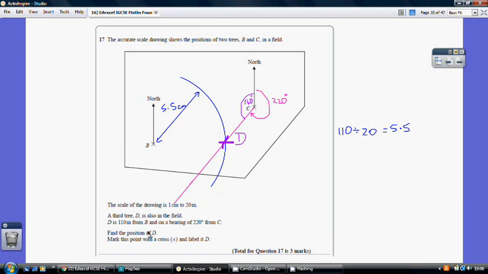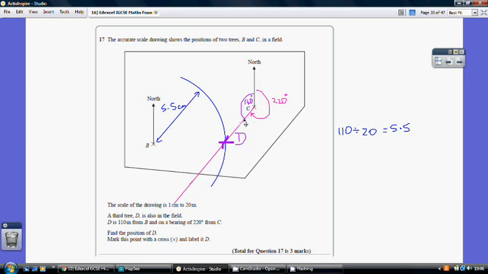Now the other thing we know about the tree, it's on a bearing of 220 degrees from C. Now a bearing is the angle measured from north moving clockwise. So we need this really big reflex angle here right round to 220. Now if you've got one of those protractors which is a circle, so does the full 360 degrees, you can just quite easily measure the 220.